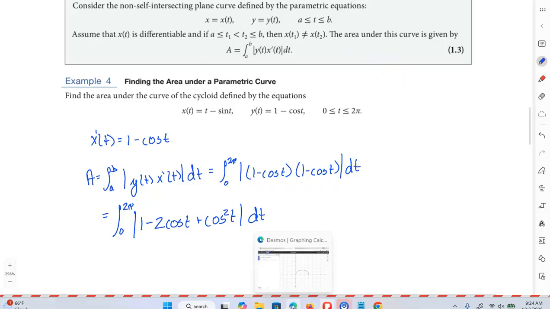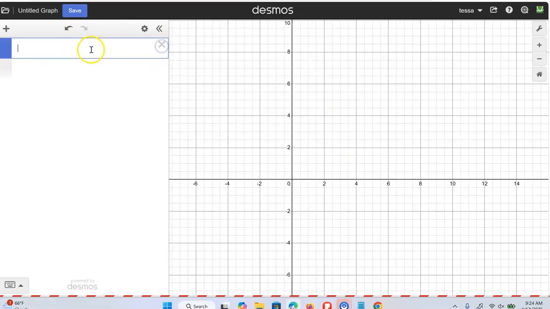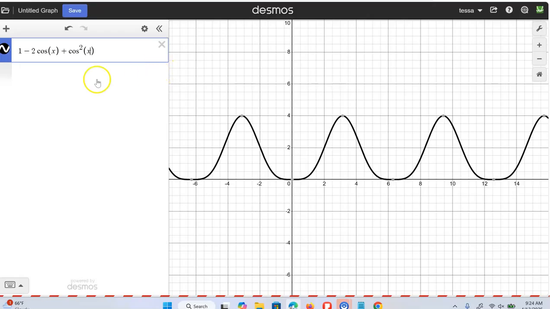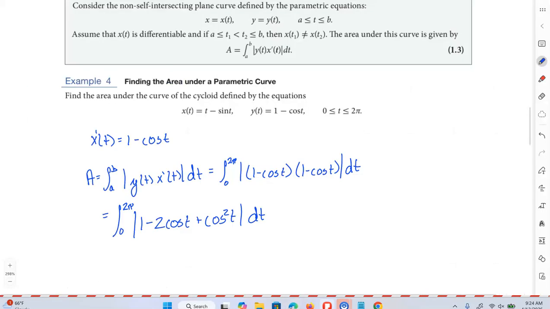See if that already lives above the x-axis. 1 minus 2 cosine t plus cosine squared of t. Let's change this to x. It's not liking what I'm typing in. There we go. We see that does live above the x-axis, so we could drop the absolute value at this point.